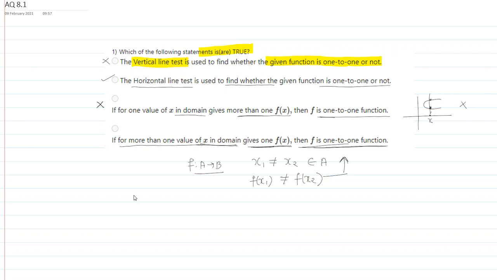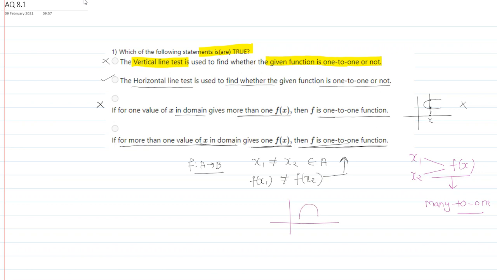But here it is said that if for more than one value of x, so it basically means that x1 and x2 lead to the same f(x), then it is a many-to-one function. And the graph of it should be like this.